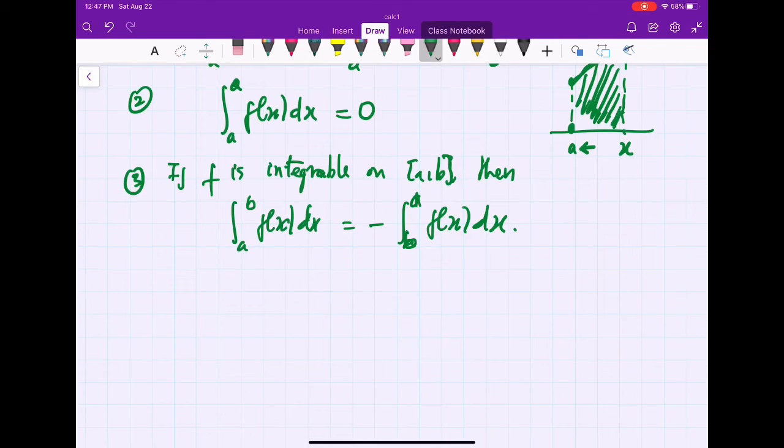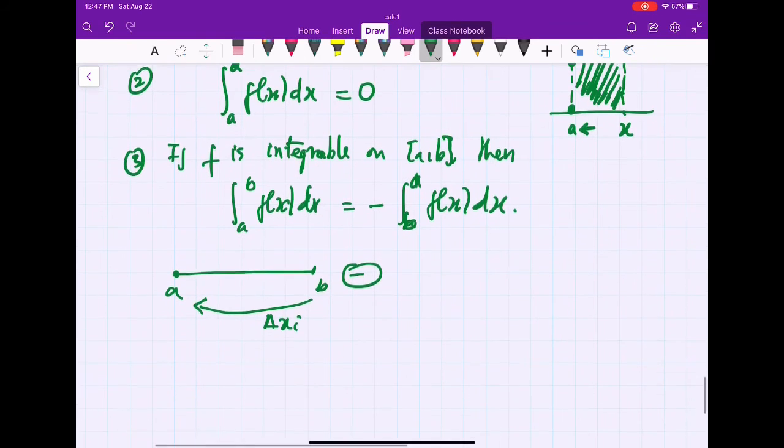So when you switch integration limits, the integral just changes sign. This of course can be proved again using the Riemann sum. Because if you do a partition from A to B, and you want to go back in the other direction, you just add a negative to each delta x i. Does that make sense? That is one case.